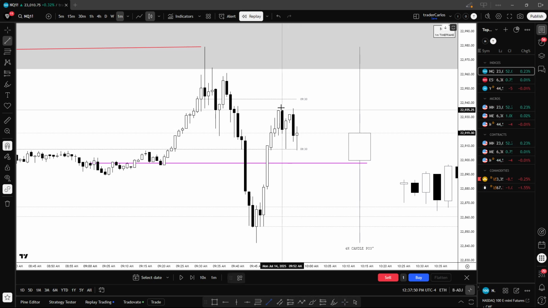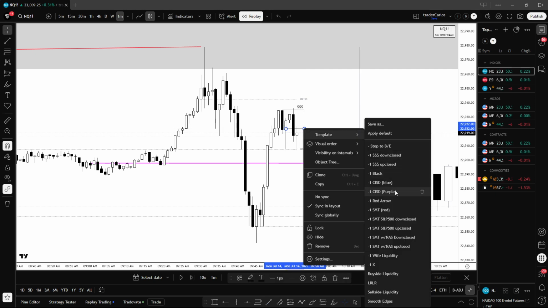So let me mark this out. So we had the liquidity sweep, we had SMT, and then we had a change in state of delivery like this. And this is the entry model that I use to always look for setups that align with where I want price to go.